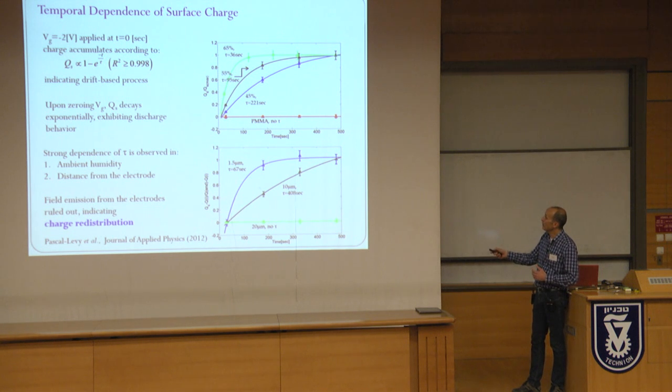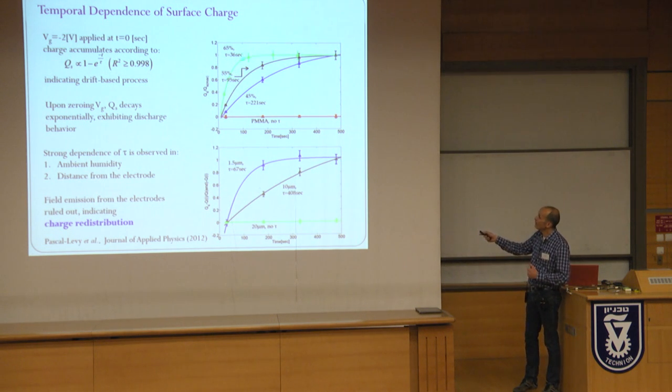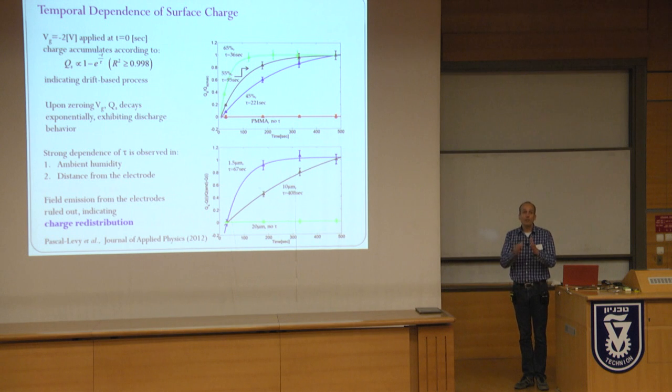So you can see here the charge as a function of time, and each curve is for different humidity. For example, here the time constant is 36 seconds, and this is 95, this is 221. So we can really monitor the movement of charge using this EFM measurement.